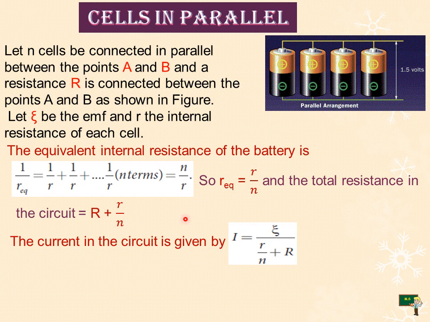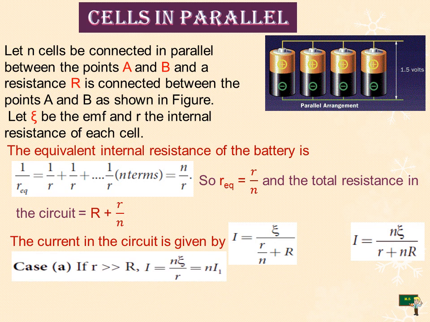As you know, the current in the circuit is given by I is equal to psi divided by r by n plus R, which is I is equal to n psi divided by r plus n R. In case 1, that means A, if r is very much greater than capital R, then I is equal to n psi divided by r, which is equal to n into I1.